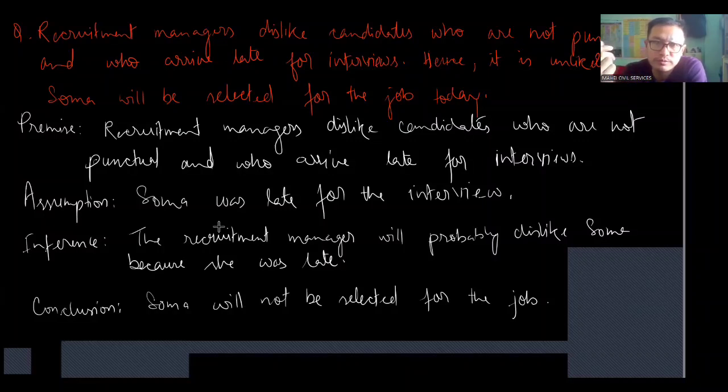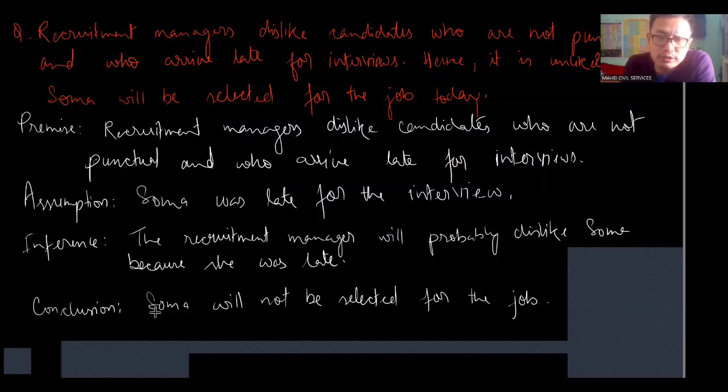Recruitment managers dislike candidates who are not punctual and who arrive late for interviews. So this is the premise, and hence it is unlikely that Soma will be selected for the job. The same thing, my conclusion type. So rewrite: Soma will not be selected for the job.